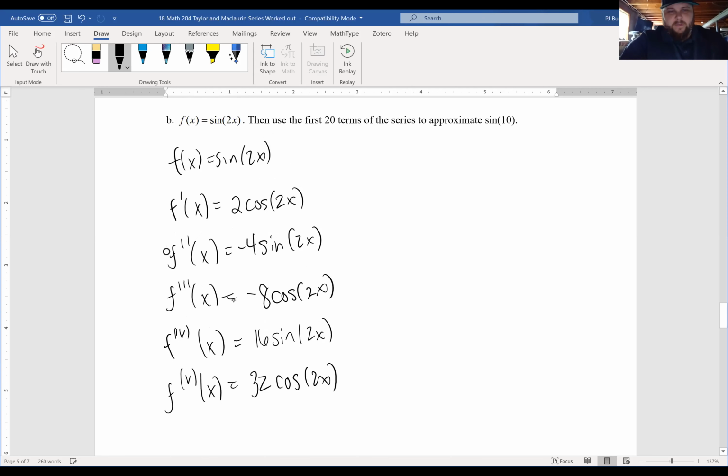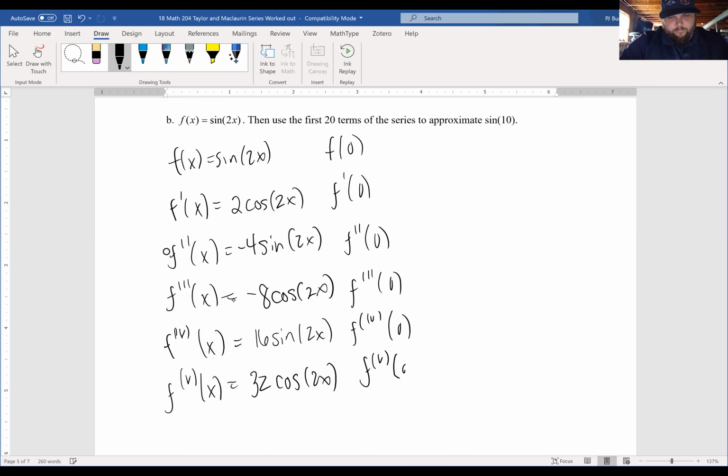Then we need all of them evaluated at 0 because we're doing Maclaurin. Any of them that are sine, if I plug 0 into sine, I get 0. So those are all 0. And the cosine of 0 is 1. So I just get the number in front.